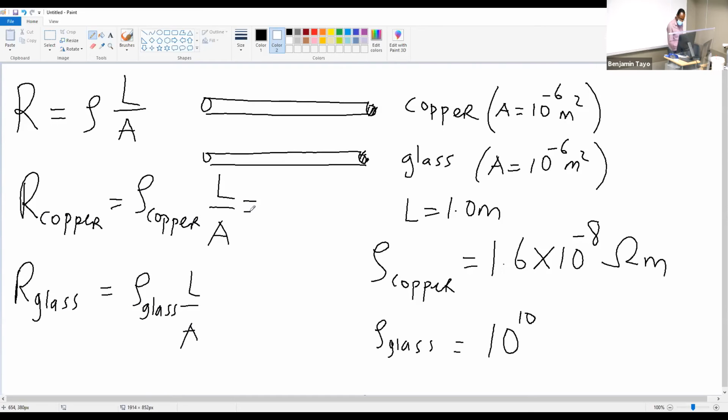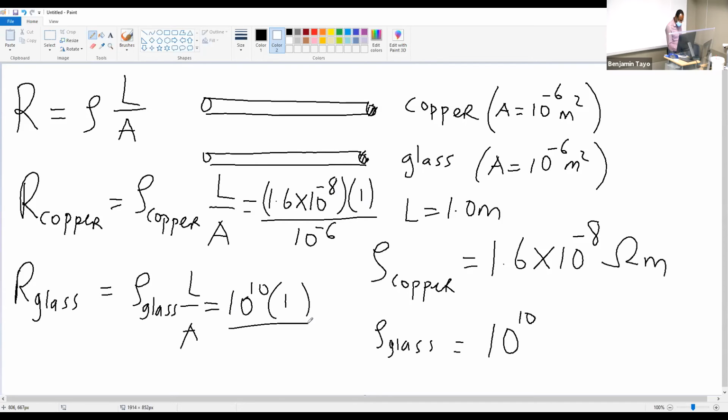So if you plug in those values, this would be 1.6 times 10 to the negative 8, the length is 1, and the area is 10 to the negative 6. For glass, this would be 10 to the power 10, the length is 1, the area is 10 to the negative 6.